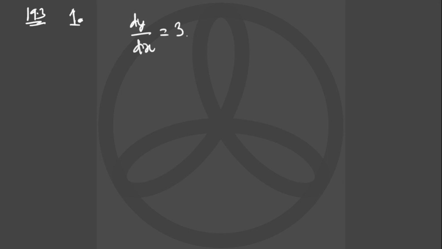dy/dx is equal to 3. It says when the function y is differentiated with respect to x, we get a constant 3. Here from the question we assume that y will be a function of x. In order to integrate, we can do variable separation, and we will write this as dy is equal to 3 dx, and then apply the integral sign on both sides.